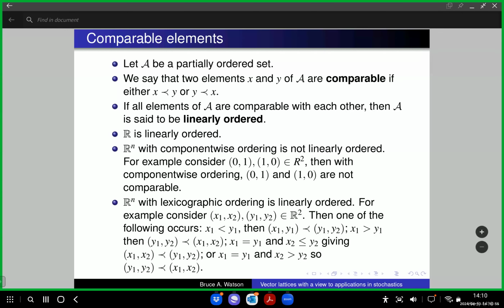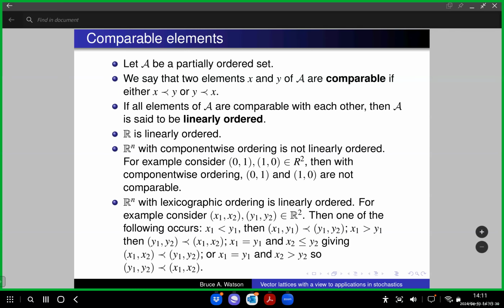And we say that two elements, let's say X and Y from A, are comparable if either X is a predecessor of Y or Y is a predecessor of X. If all the elements of A are comparable with each other, so for any X and Y in A, we have that X is a predecessor of Y, or Y is a predecessor of X, then we say that A is linearly ordered.